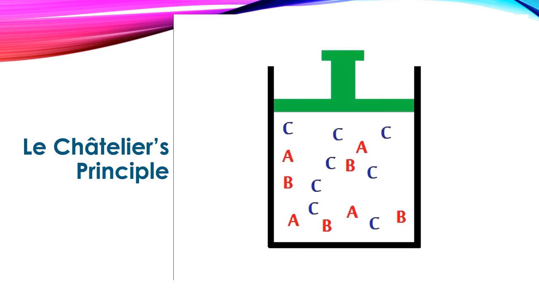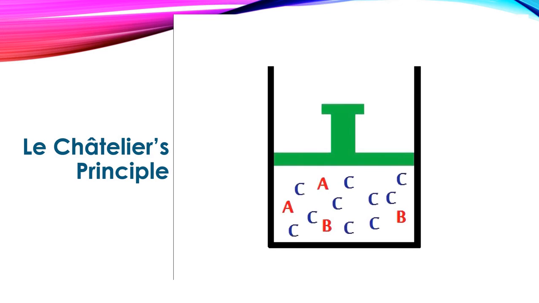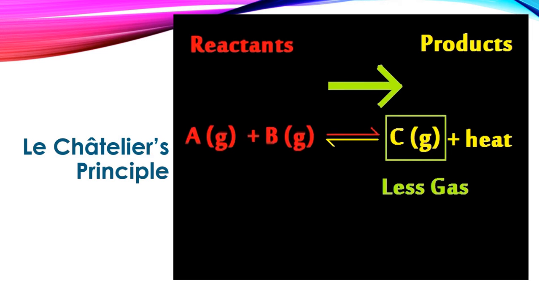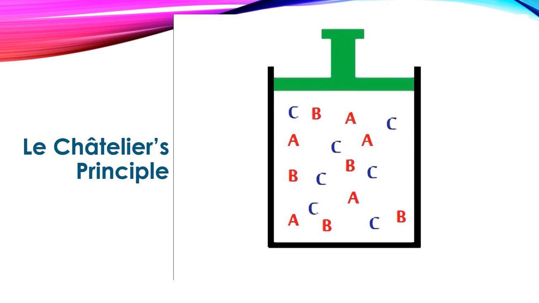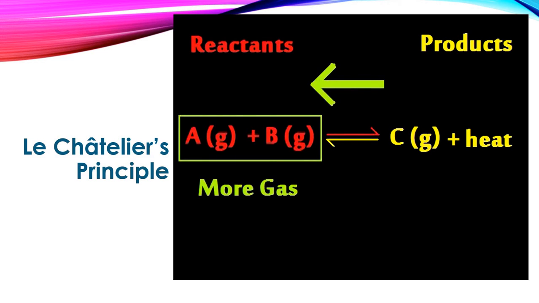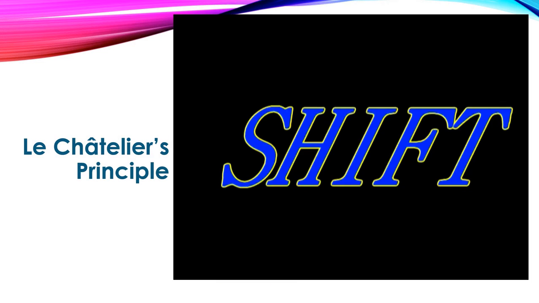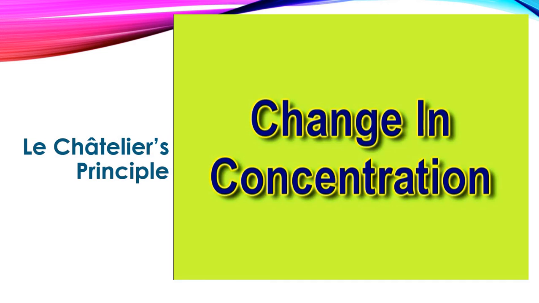If you raise the pressure, the side with less gas will score. If instead you lower P, shift to the side with more. Stress, shift, changing concentration.